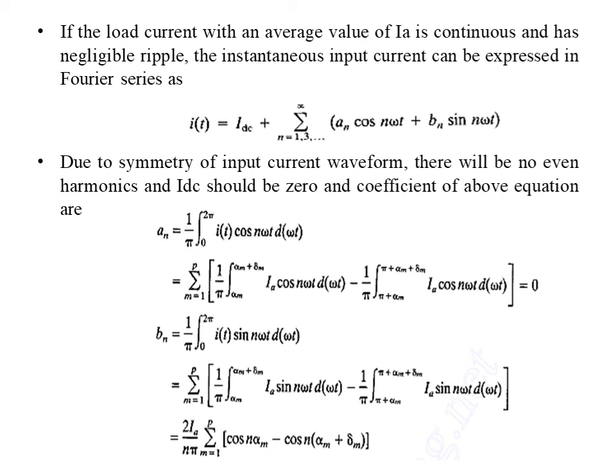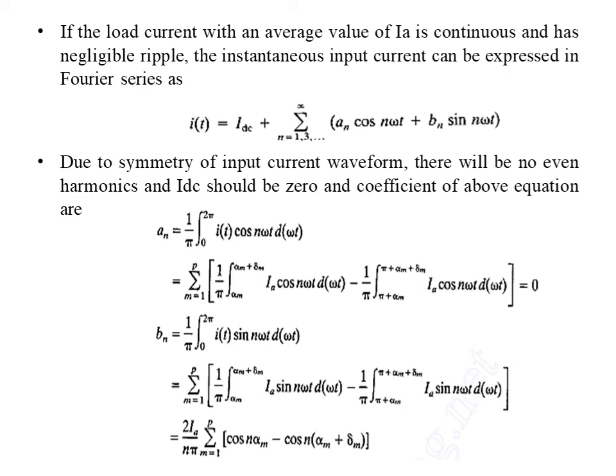That means one pulse starts from alpha m to alpha m plus delta m, and the second pulse starts from pi plus alpha m and ends at pi plus alpha m plus delta m. Ia cos n omega t d omega t, which will be equal to 0.